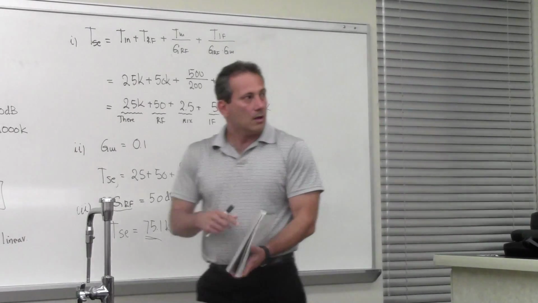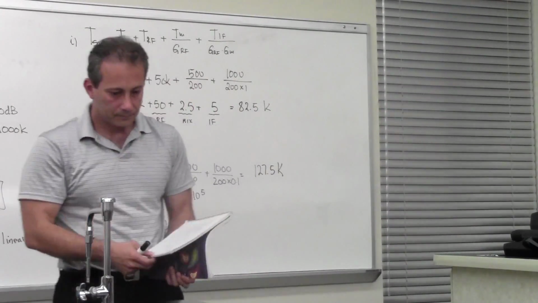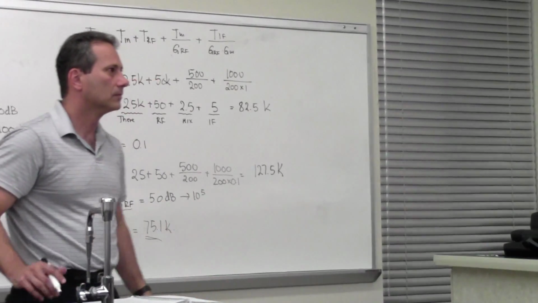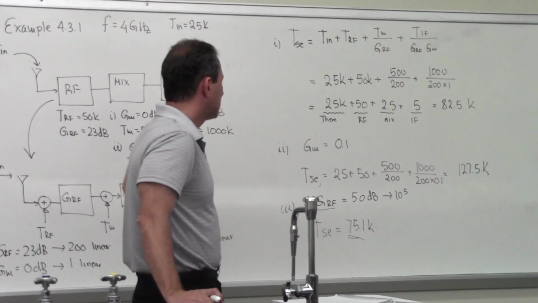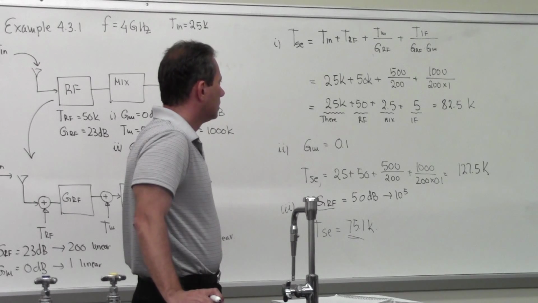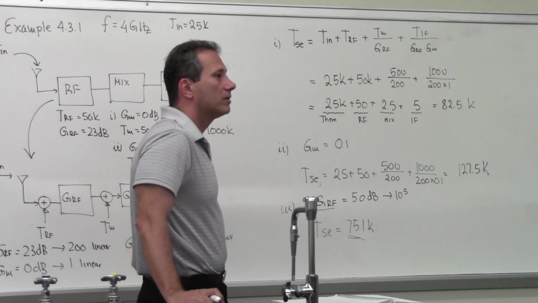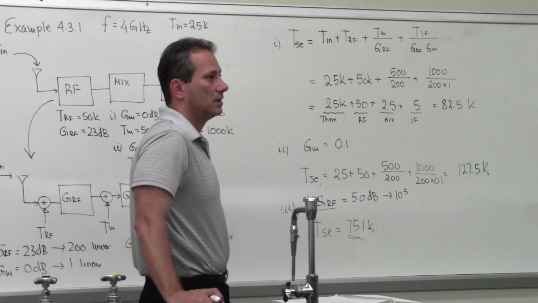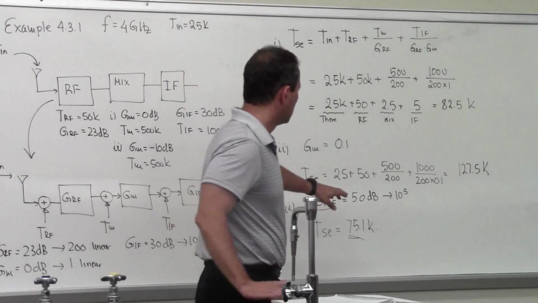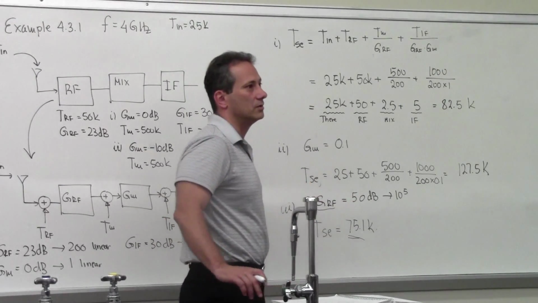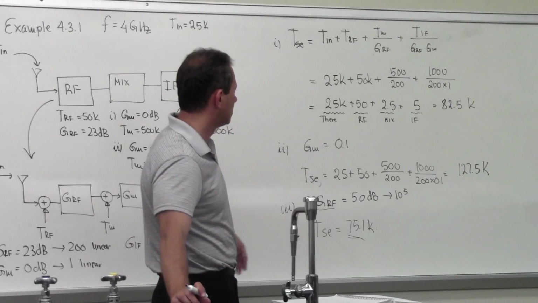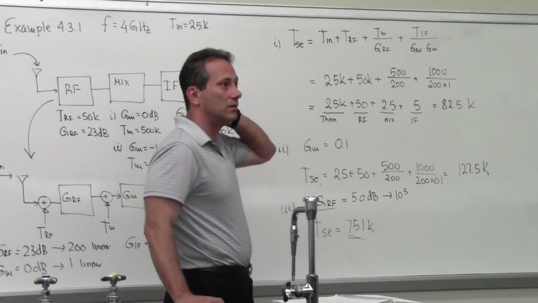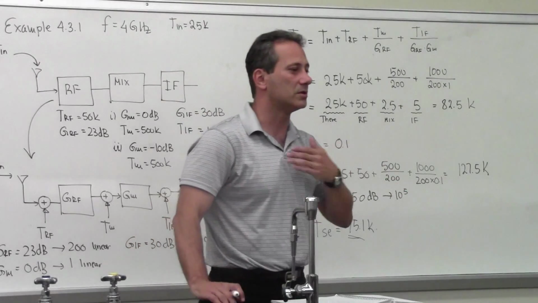How practical is it to get a very high gain, low noise amplifier? That's a big trade-off, and a huge part of the design of your system. Cost is the biggest trade-off here.